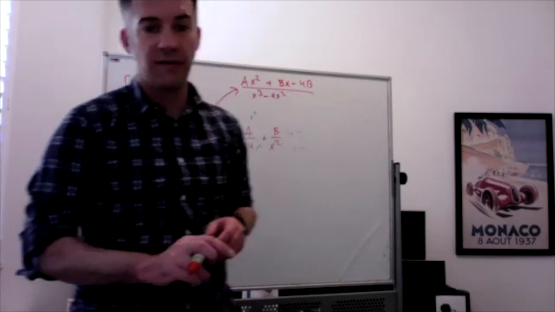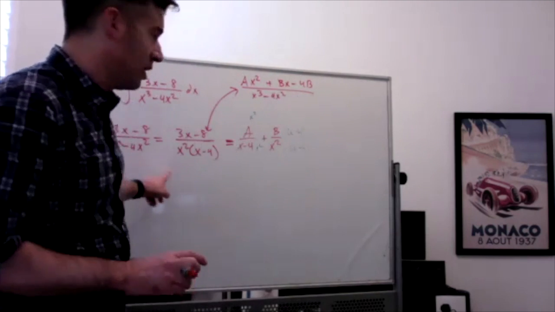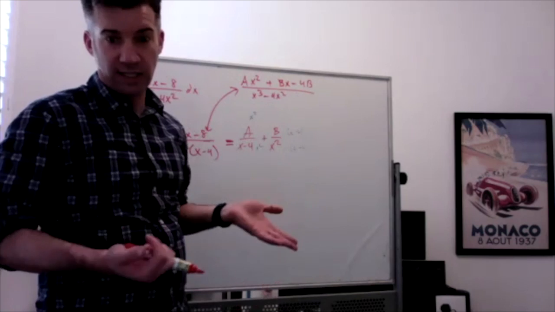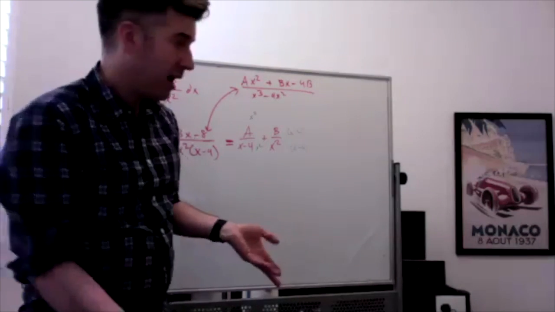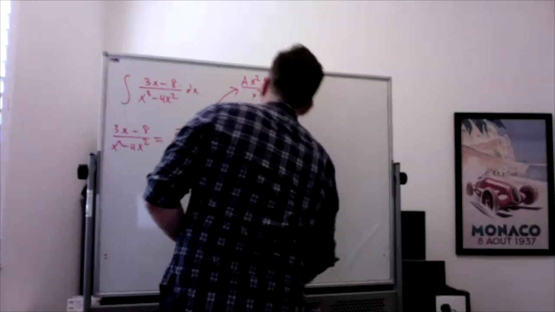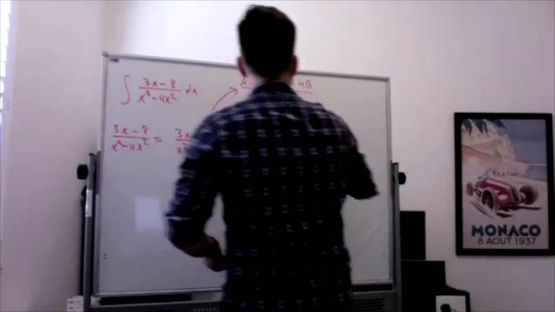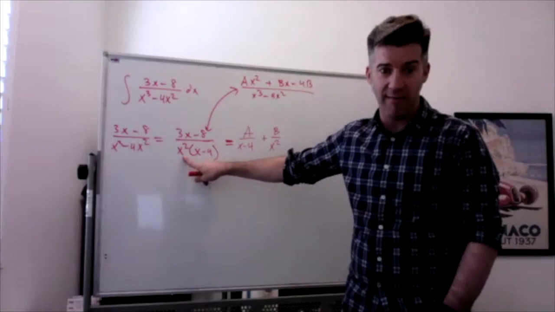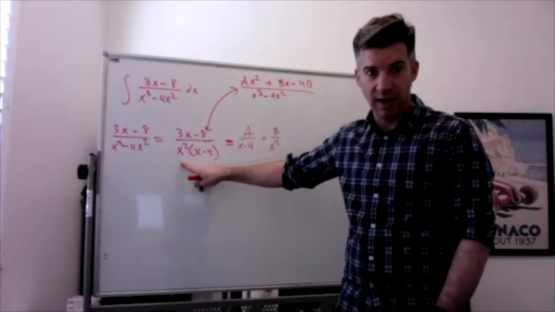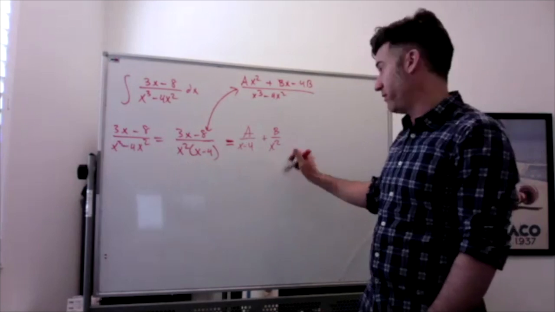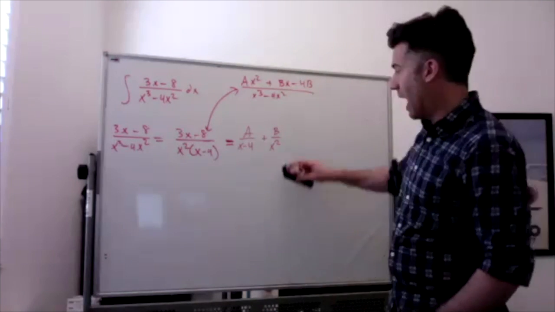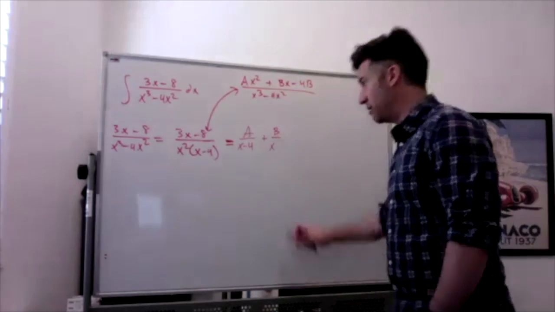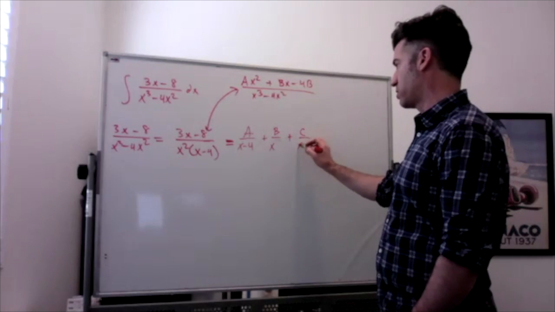Someone asked me if the power is higher than 1, like we have here, do you put it in ascending order, not descending order. The order doesn't actually matter. The reason I wrote it in descending order was so that it was clear: I'm looking at what I have there because it's easier to see the x squared, and then I write all the other lower powers of it. But normally, I would probably write it as b over x, and then c over x squared.